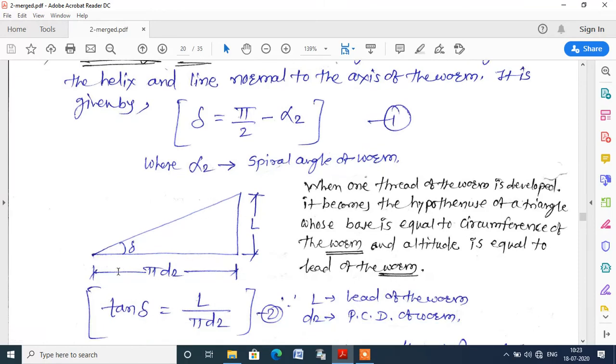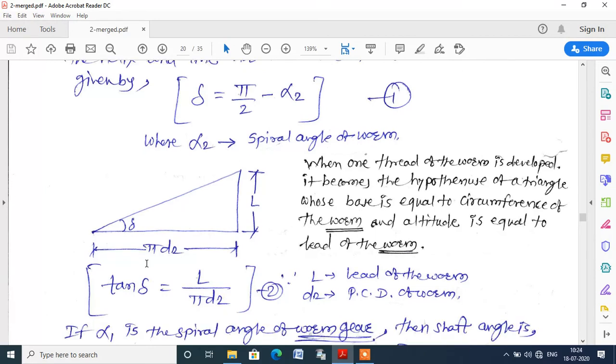This is pi into d2, the circumference, and this is L, and this is delta. When one thread of the worm is developed, it becomes the hypotenuse of a triangle whose base is equal to the circumference of the worm and whose altitude is equal to the lead of the worm.